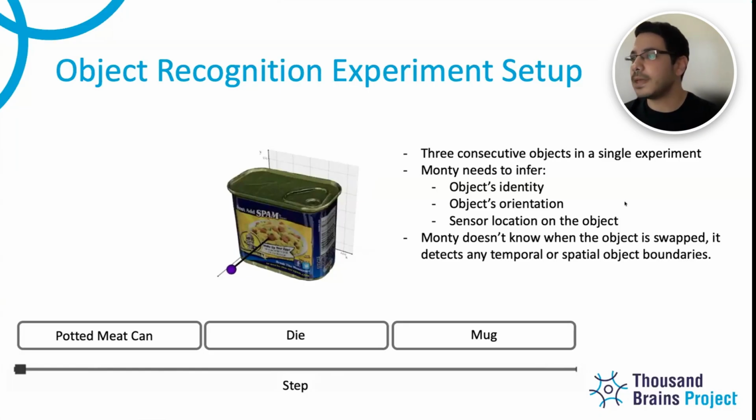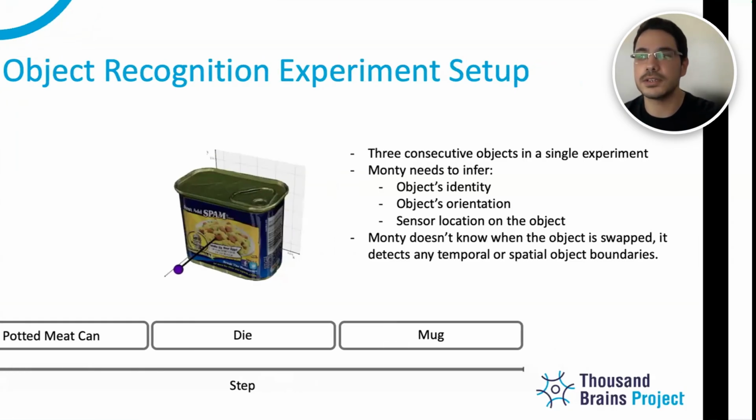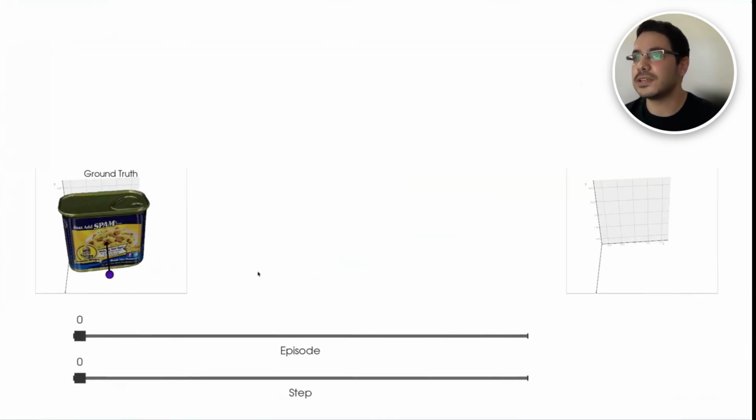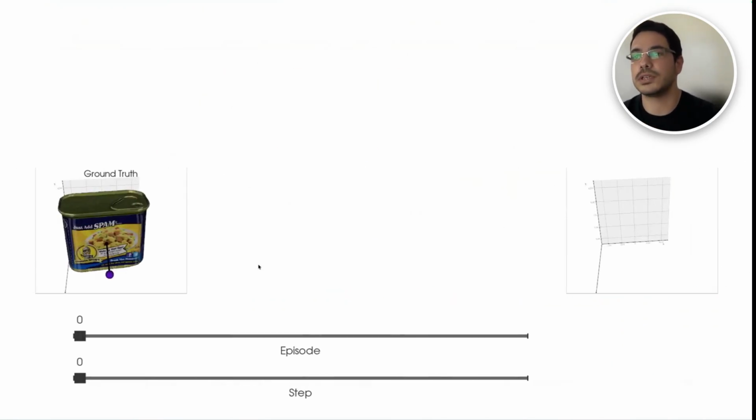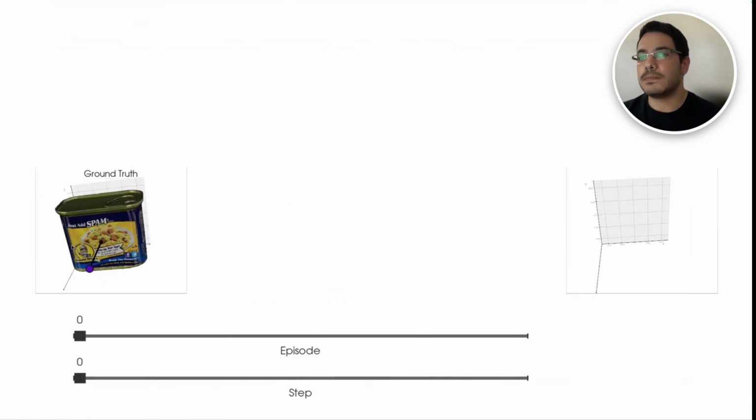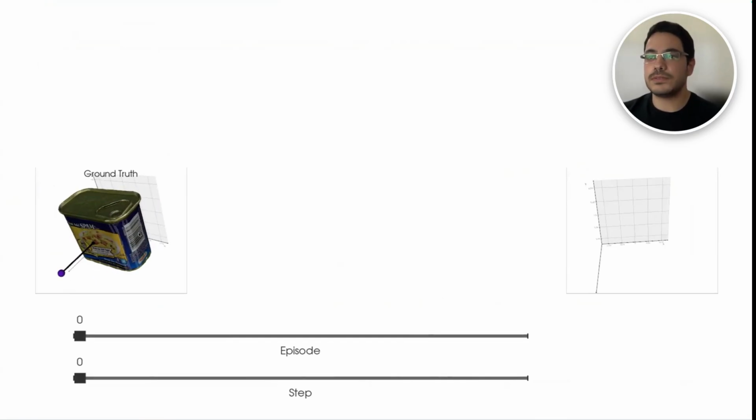So let's open up Monty's brain and take a look inside. This is one of the visualizations I'm going to show. I have another one here, and I'll be switching between them during the presentation. We've seen this part before, where the agent is over here.